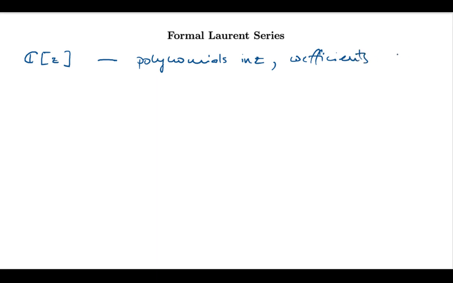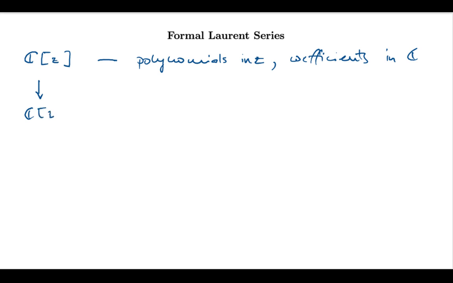So let's use the usual notation C[z], of variable z. So these are polynomials. It's the set of all polynomials in the variable z with coefficients that are complex numbers. And there are sort of two ways I can generalize this.